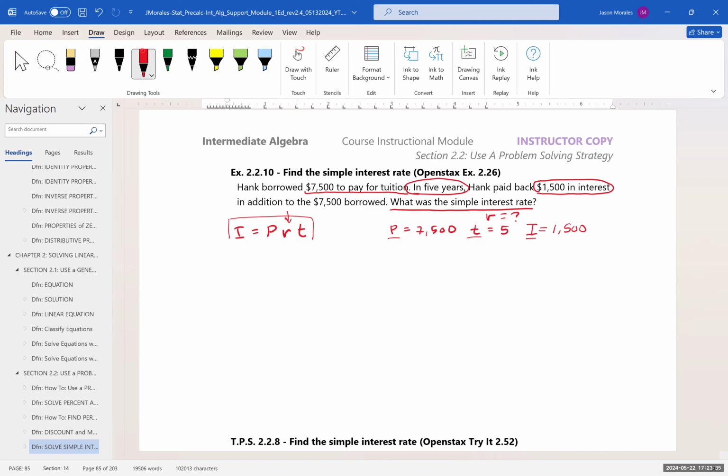To get rate by itself, we divide both sides by P and T. The T's cancel and the P's cancel, so the rate is equal to the interest divided by the principal times time.